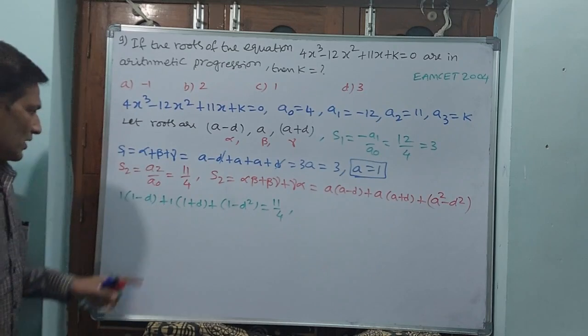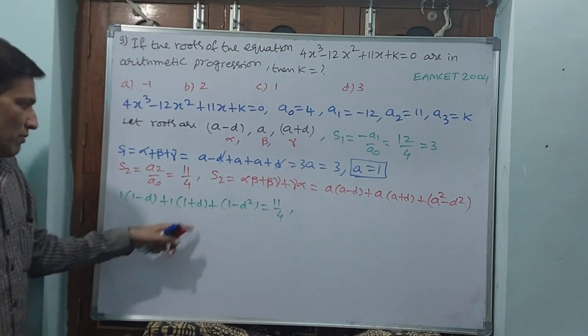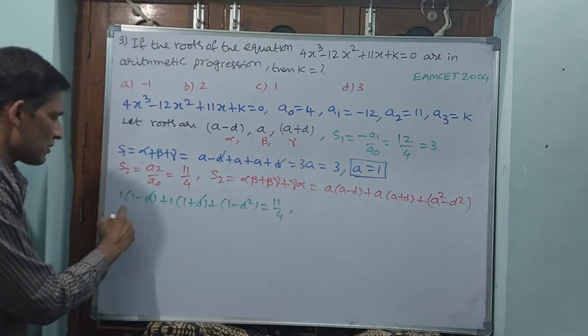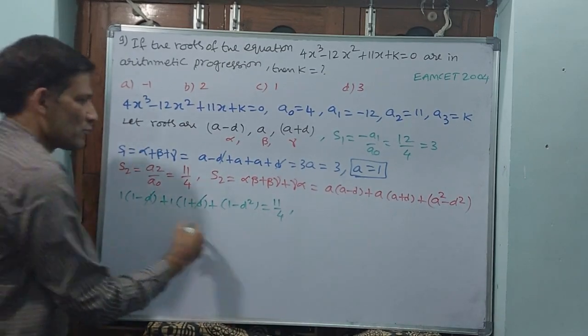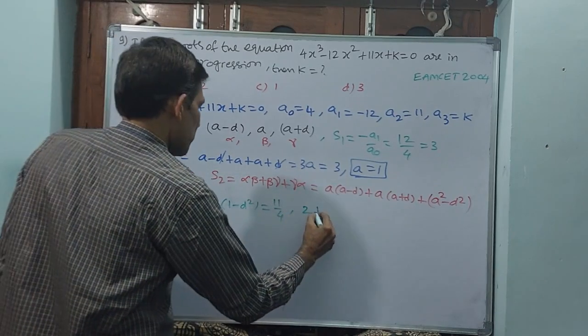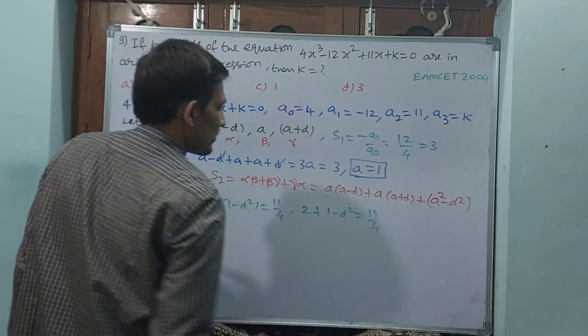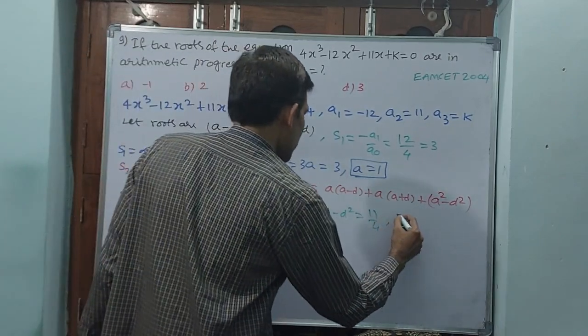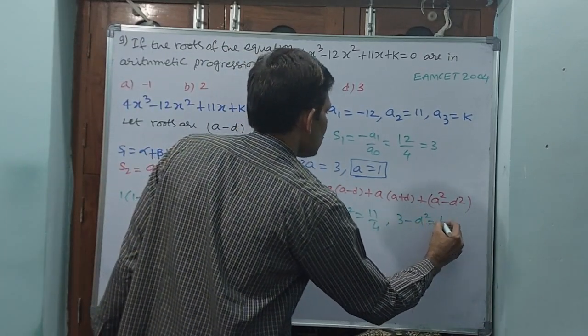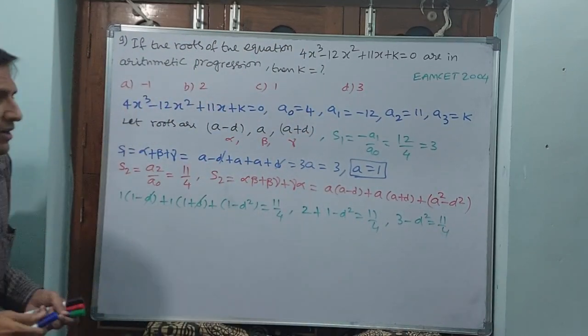See 1 minus D, 1 plus D, 2 minus D plus D going to get cancelled out. Why? Because 1 plus 1, 2. 2 plus 1 minus D square is equal to 11 by 4. Or else shall we write 3 minus D square is equal to 11 by 4.